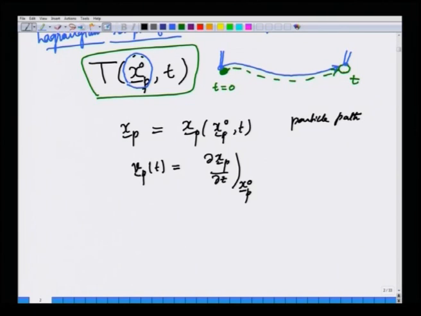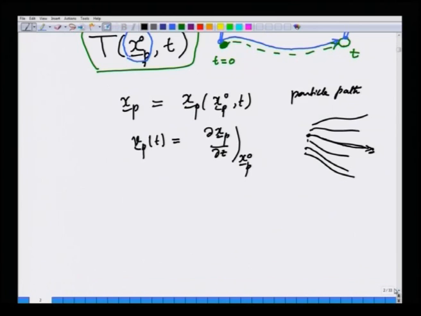Various points in the fluid will move differently to various other locations. So, if I want the velocity of this particle, I simply follow this particle and take its time derivative at time t. This is the rate of change of position with respect to time at a time t. This is the velocity of a fluid particle.